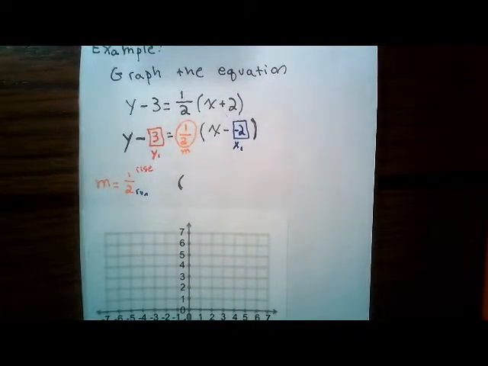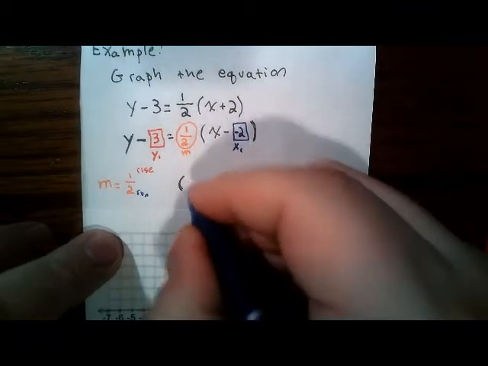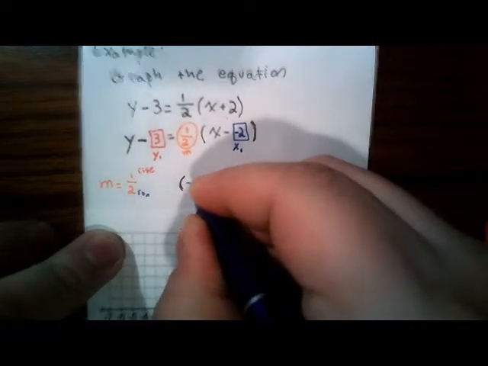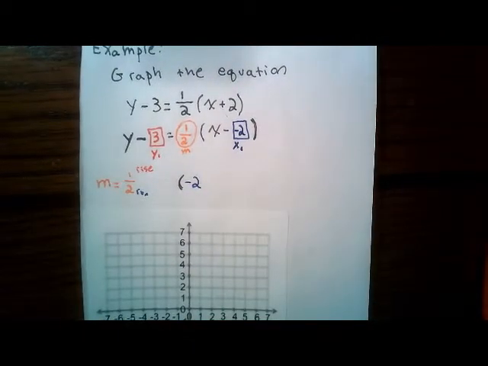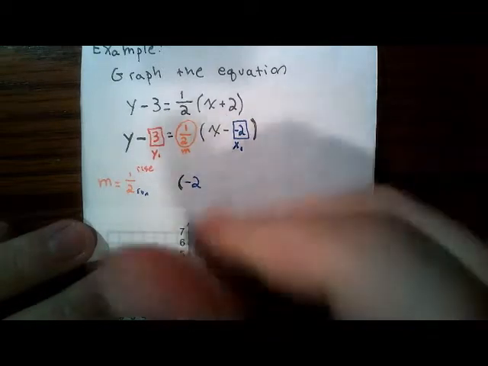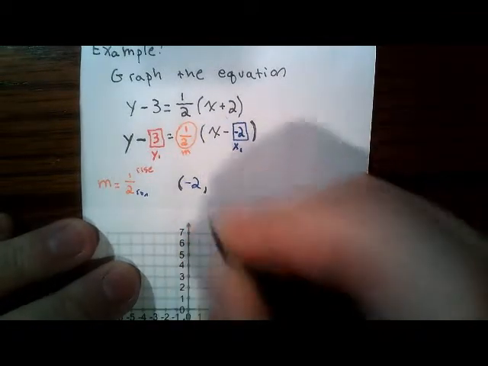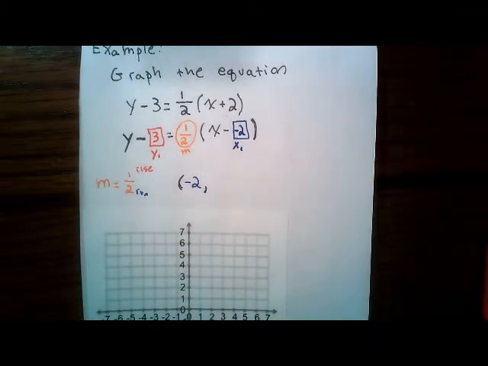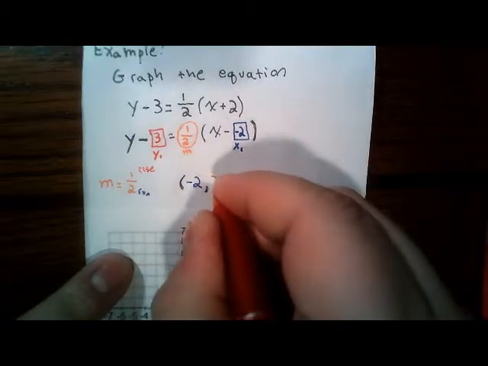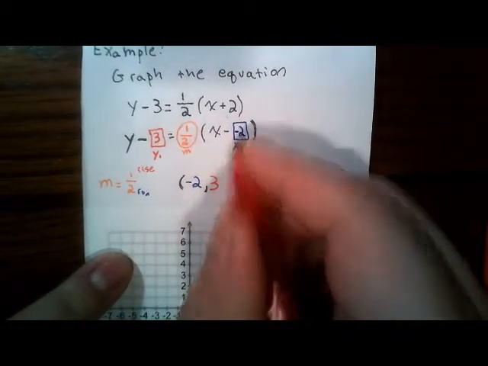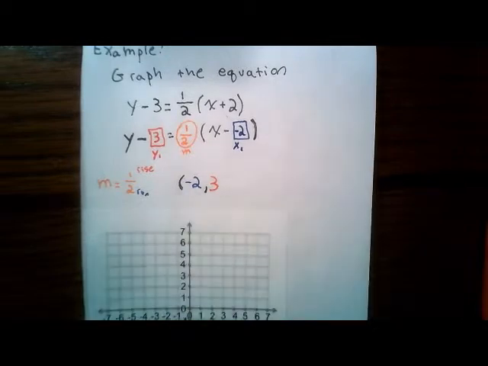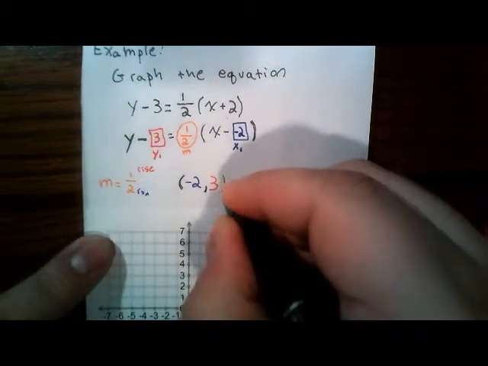The point I'm pulling out is negative 2 for my x value, positive 3 for my y value. Right? Negative 2, positive 3. It's exactly those numbers that were written in the boxes.